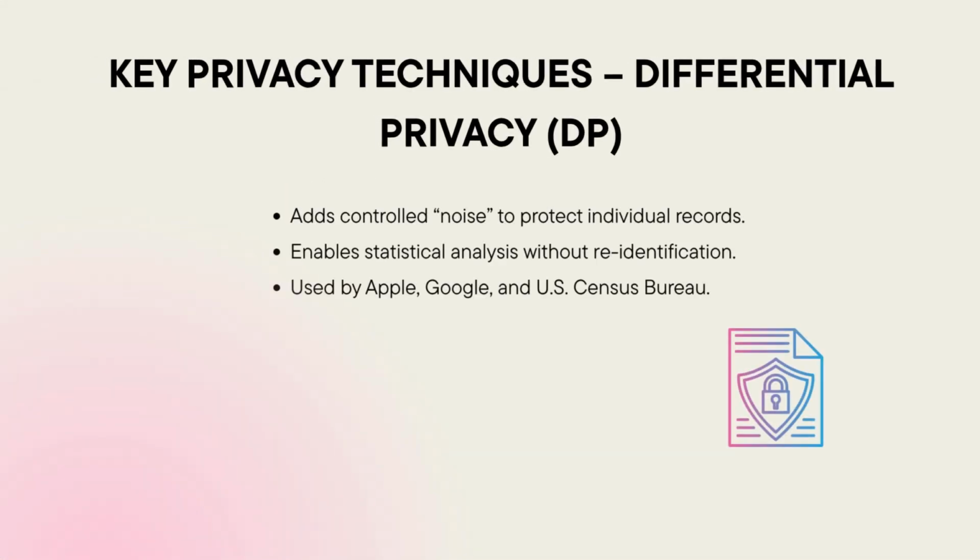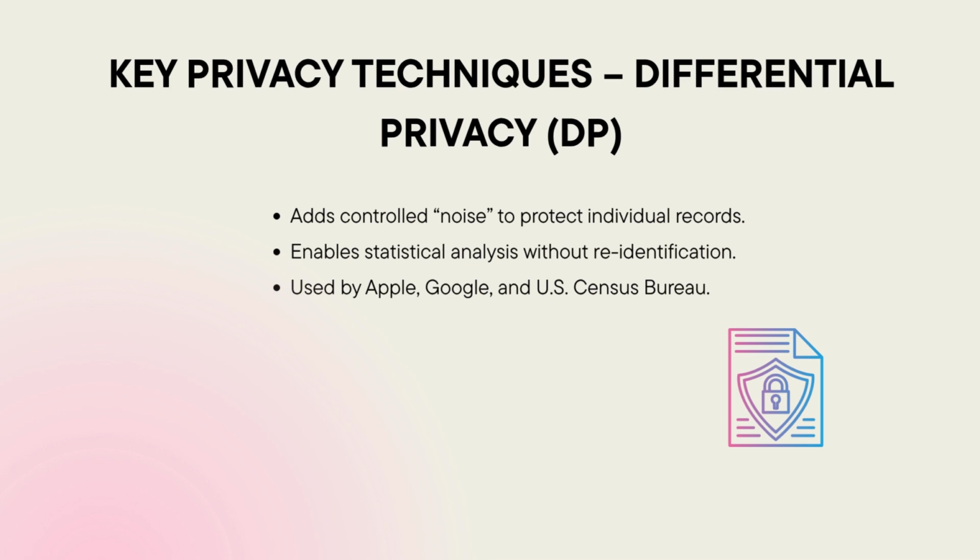Key privacy techniques. Differential privacy. Differential privacy, or DP, mathematically guarantees that the removal or inclusion of a single individual's data doesn't significantly affect analytical outcomes. By injecting calibrated randomness or noise into data or model outputs, DP obscures individual contributions while preserving overall trends.